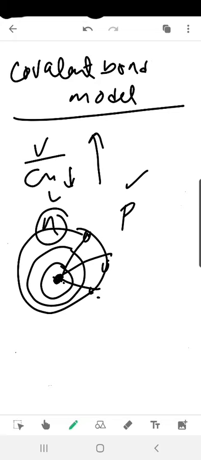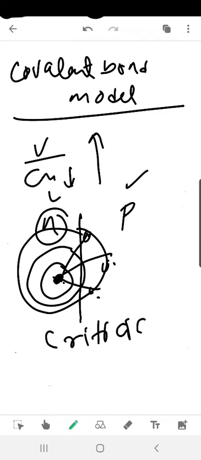Once this electric field is strong, it will overcome this force of attraction, and these electrons will break away from the atom. We call this field the critical field strength. At critical field strength, the electron will no longer participate in the covalent bond.